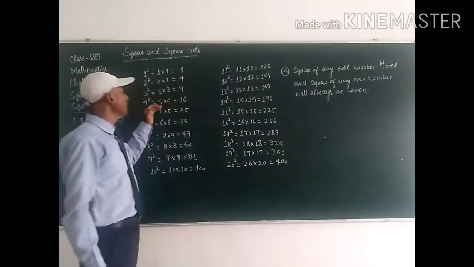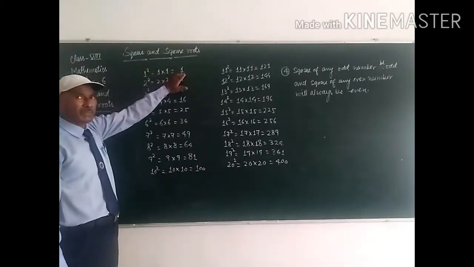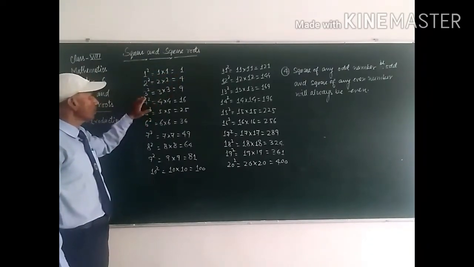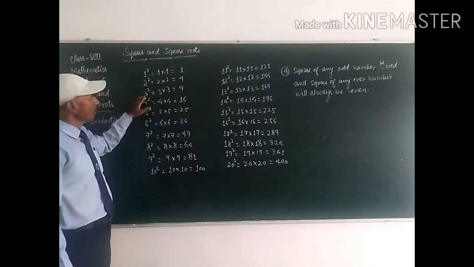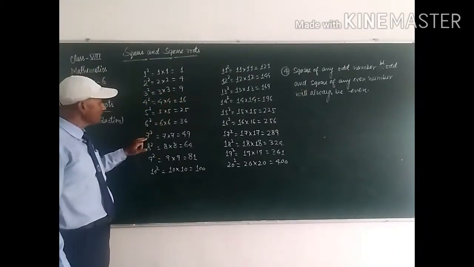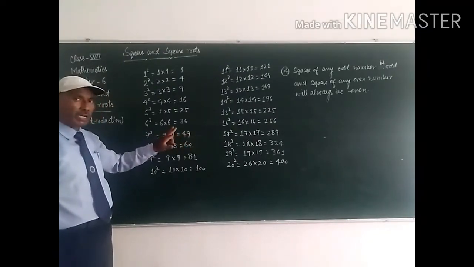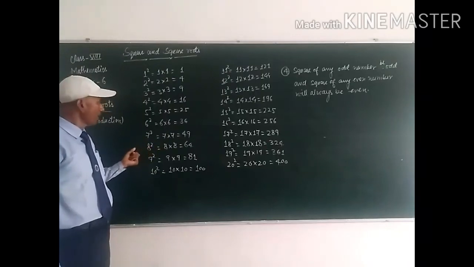In this table, student, this one is an odd number, so the square of this number is 1. This one is also an odd number, 3, square of 3 that is 9, 9 is also an odd number, and square of 7 that is 49, so 49 is also an odd number.